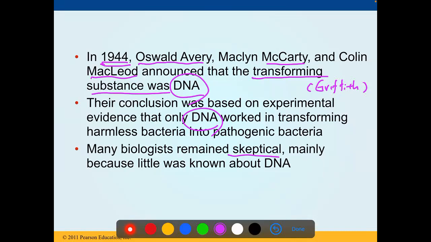And DNA at that time when they isolated it was a very, very simple molecule. You see some sugar, you see some phosphate, and then you see some weird molecules, but a very, very uniform molecule. They didn't really think that DNA would carry so many different kinds of information to control the cell physiology, basically.